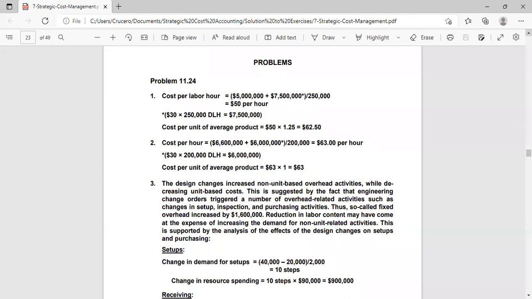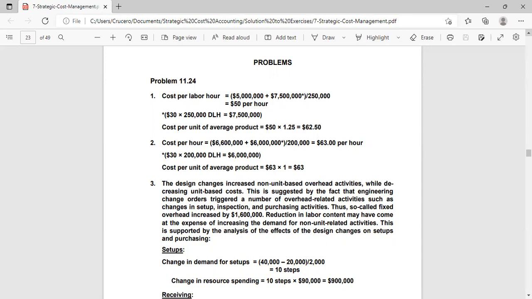Assume also that the consultant indicated that the design adopted by the engineers increased the demand for setups from 20,000 setup hours to 40,000 and the number of different components from 100 to 250. The demand for other non-unit level activities remained unchanged. The consultant also recommended that management take a look at a rejected design for its products.